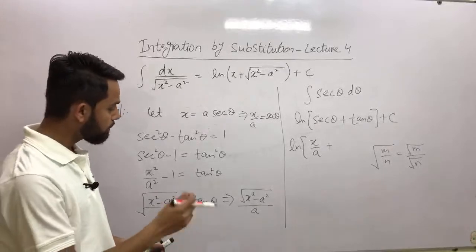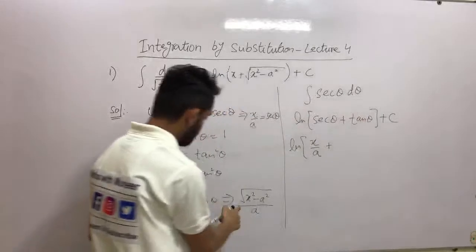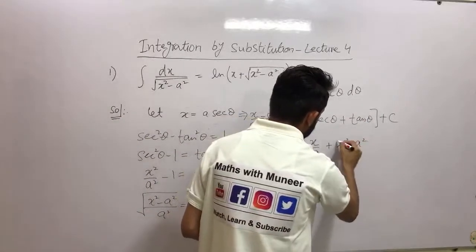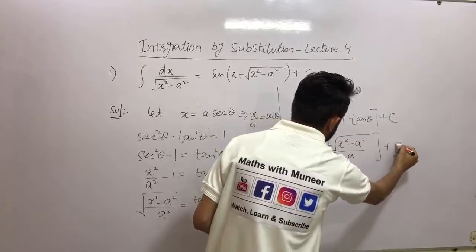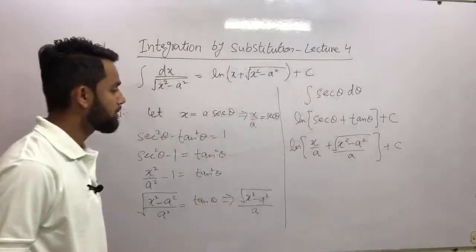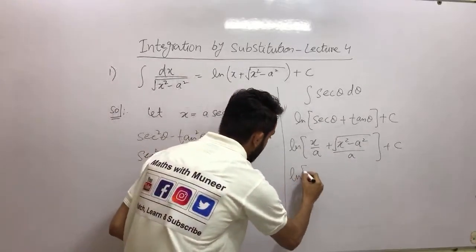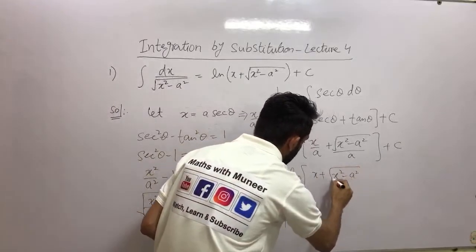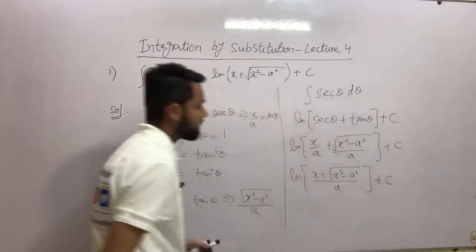So we are going to plug this value back, and tan theta is equal to square root of x square minus a square over a, plus c. Okay, so now over here we can take the LCM: ln of x plus square root of x square minus a square over a, plus c.